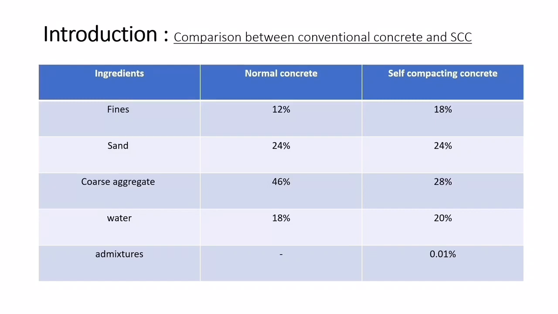For coarse aggregate, we must decrease the percent of coarse aggregate in self-compacting concrete to make it more workable: 28% for SCC and 46% for normal concrete. More water is used for SCC, 20%, and 18% for normal concrete. Admixtures: no admixtures for normal concrete, or little use of plasticizers, and 0.01% admixtures used for SCC.